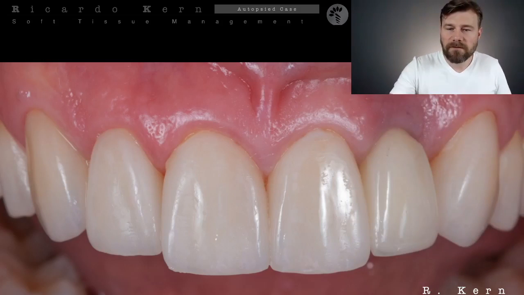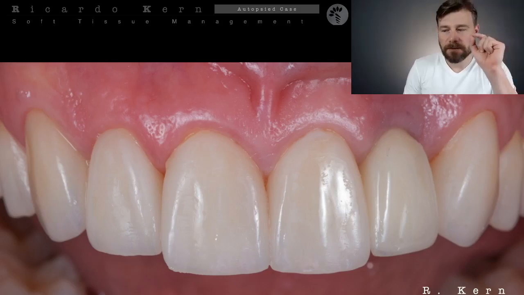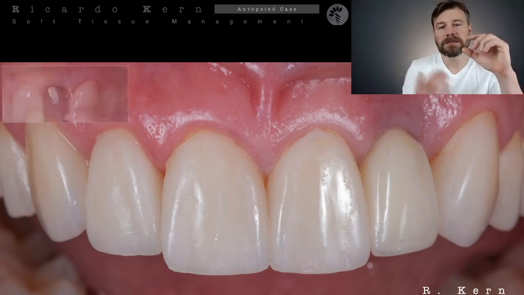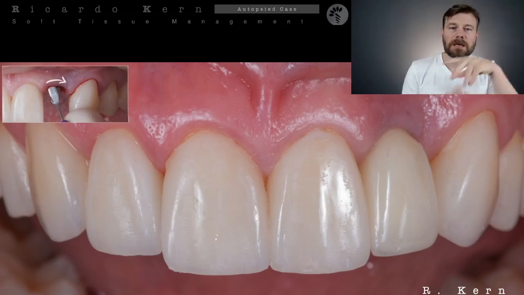So moving forward, we're going to prepare this case now for the surgical approach. We're going to treat this area in different ways to prepare to receive the connective tissue graft, okay?